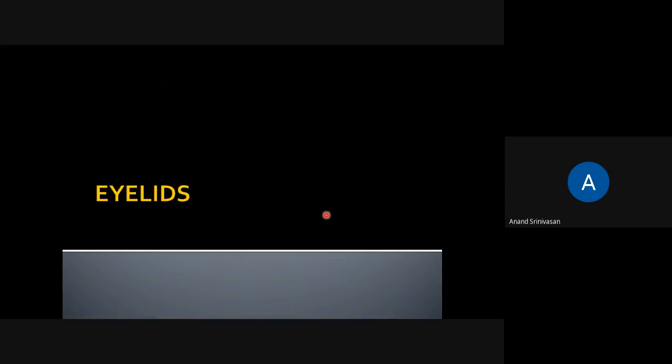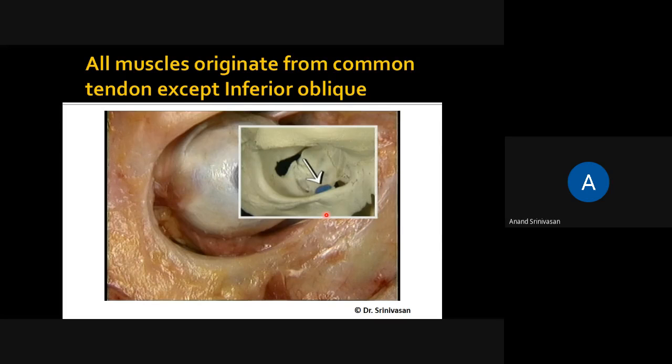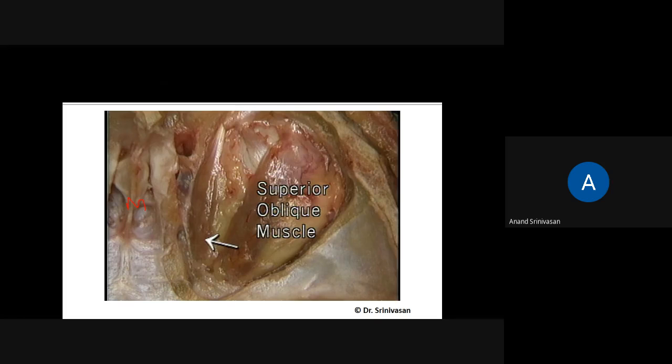When the superior oblique contracts, the person looks downwards and medially. Whereas when the inferior oblique contracts, the person looks upwards and medially.